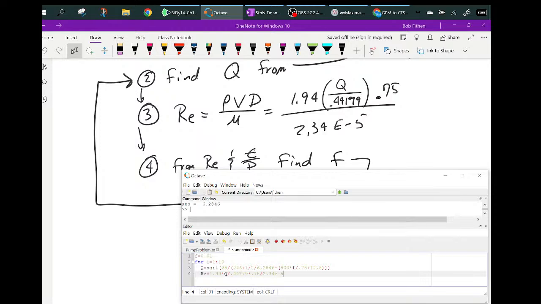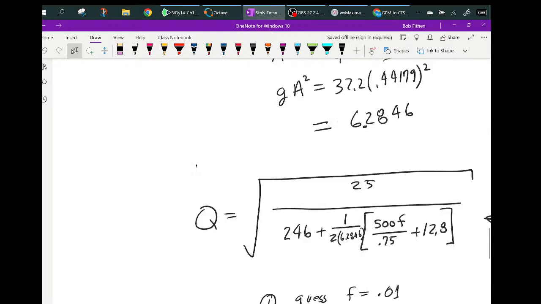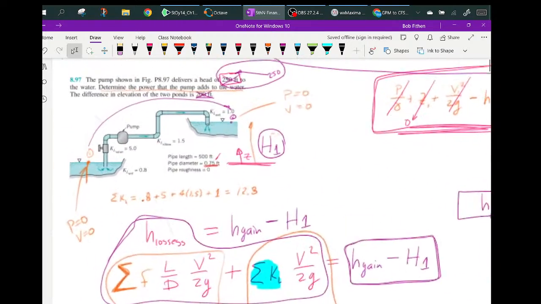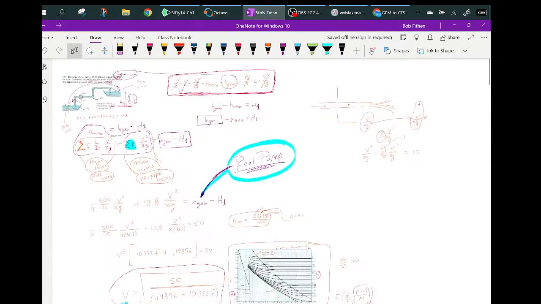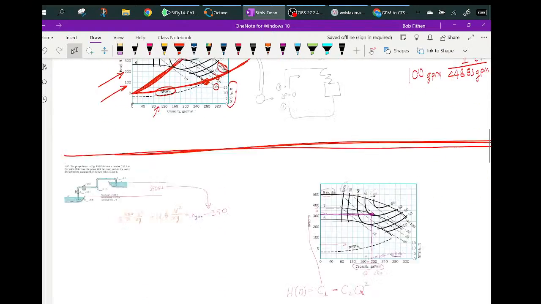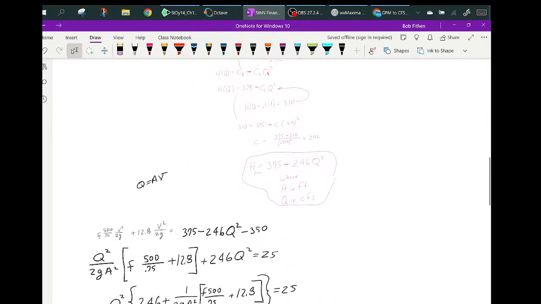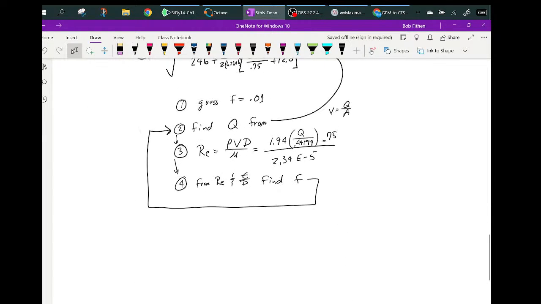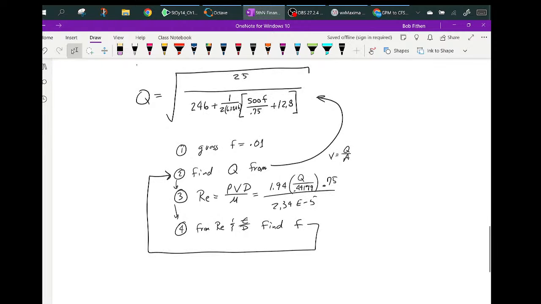Okay. After I got my Reynolds number, what do I do? First, let's look back at what he wanted for his E over D. He said his E over D was 0. I'm going to go ahead and use that. It's a little bit off in this equation, but that's okay. I'm going to say E over D about equal to 0.